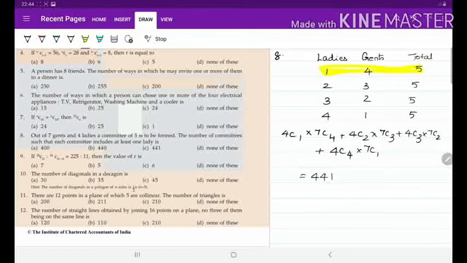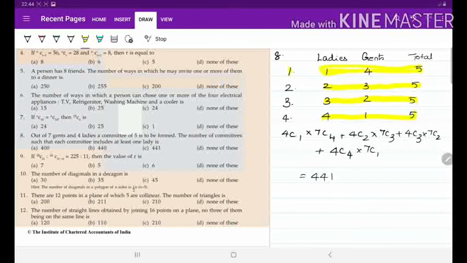And the combination can be 2 ladies and 3 gents, which is again a total of 5. And the third combination can be 3 ladies and 2 gents, which is again a total of 5 members committee. And the fourth option is 4 ladies and 1 gent, which is again a committee of 5 members.